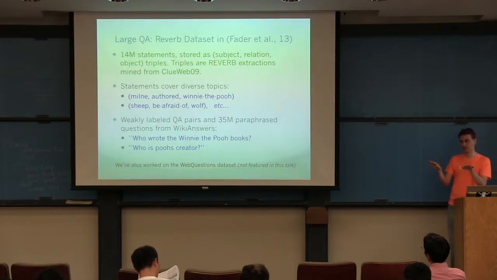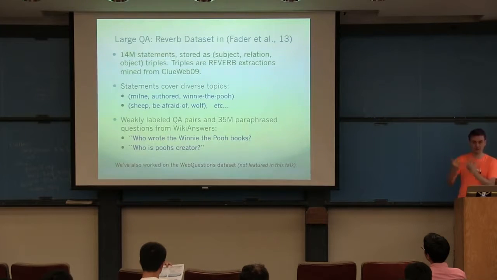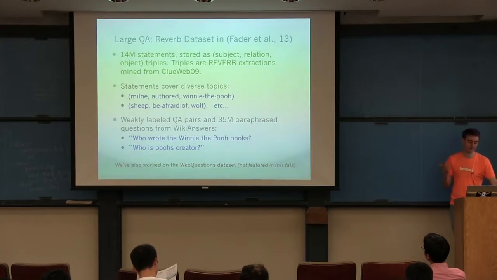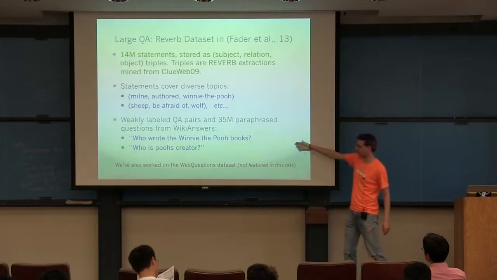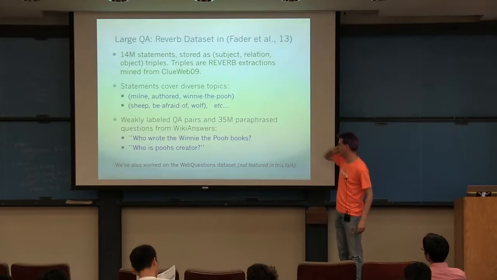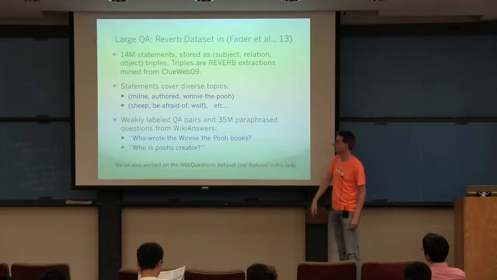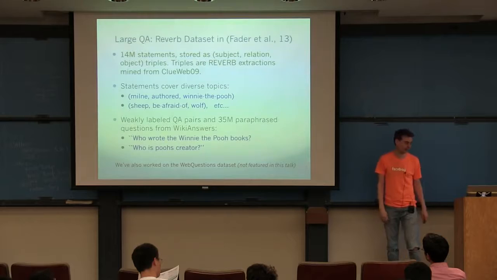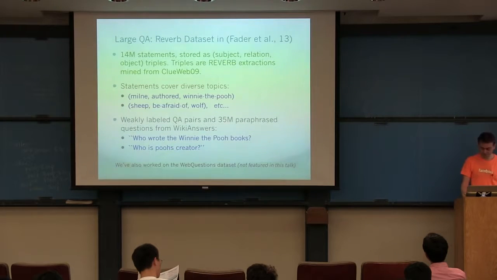You can say that these two questions should have the same answer, but you don't actually know what the answer is. That's how it's set up. So here's a couple of examples: who wrote the Winnie the Pooh books and who is Pooh's creator? They're both paraphrases in that case, according to the data set. So that's the more real data set.